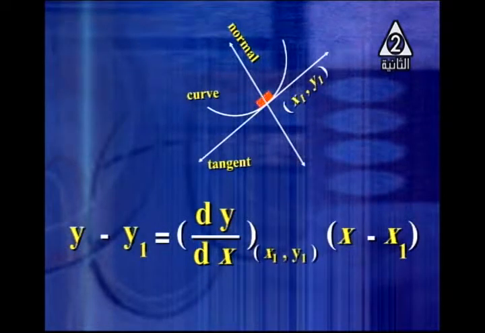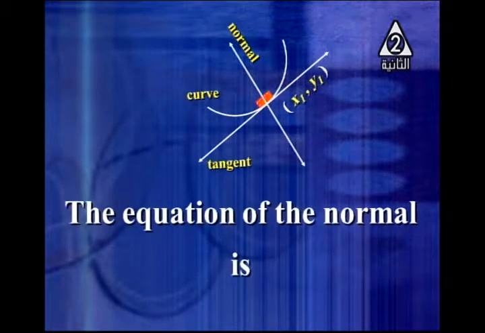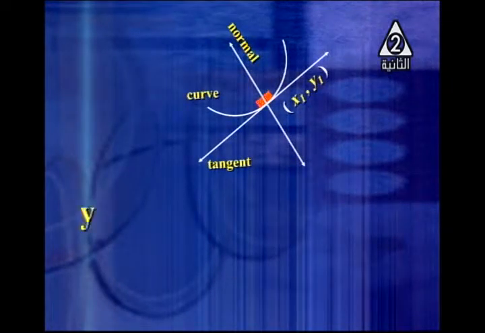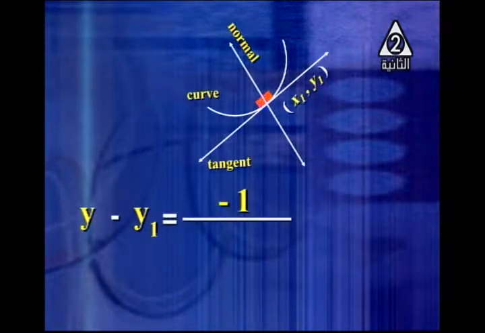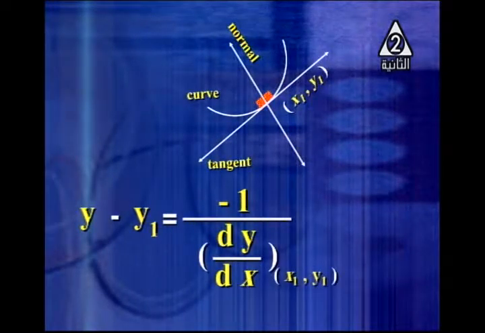This is the equation of the tangent, but the equation of the normal must be y minus y1 equals what? -1 over dy by dx, or the slope of the straight line, times x minus x1. Remember, the first equation represents the equation of the tangent: y minus y1 equals dy over dx multiplied by x minus x1.